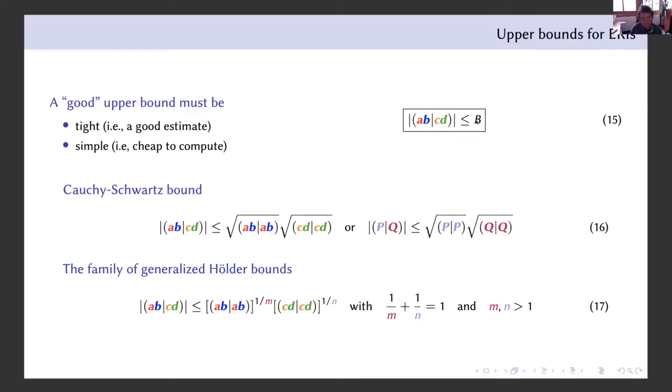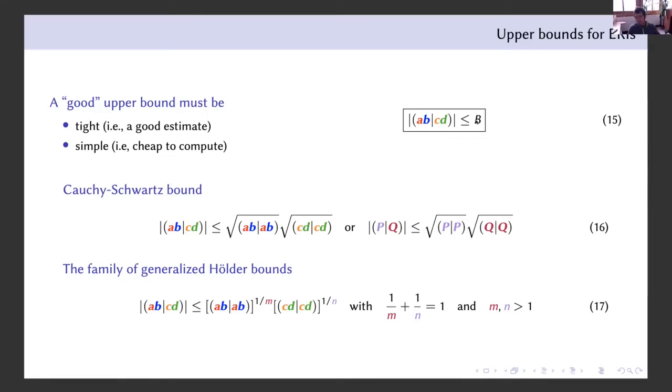If you want a good upper bound, you need to design it as efficiently as possible. First, your upper bound must be tight. By tight, I mean it has to be a good estimate. If you tell me that all the integrals are less than 10 to the power of 15, I'm going to say, well, it's not very useful. Another important property is that upper bounds need to be simple, meaning cheap to compute.